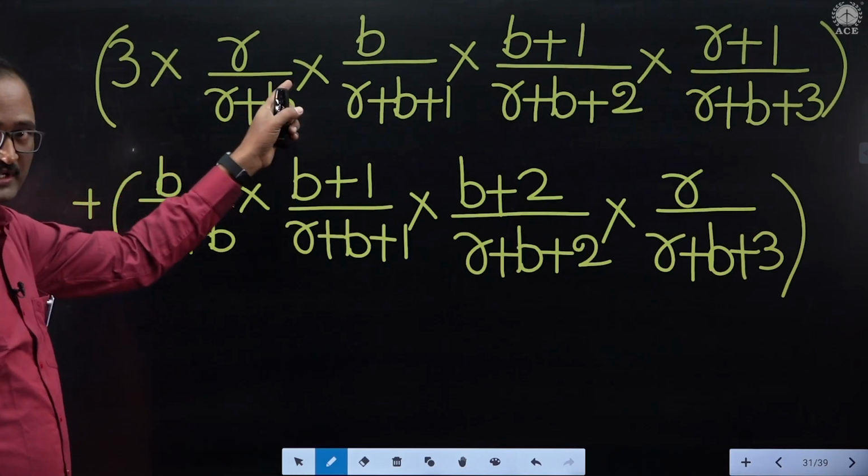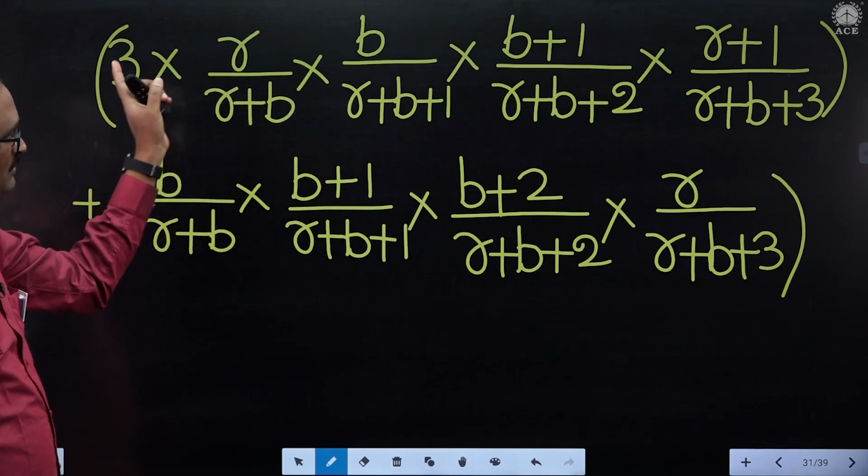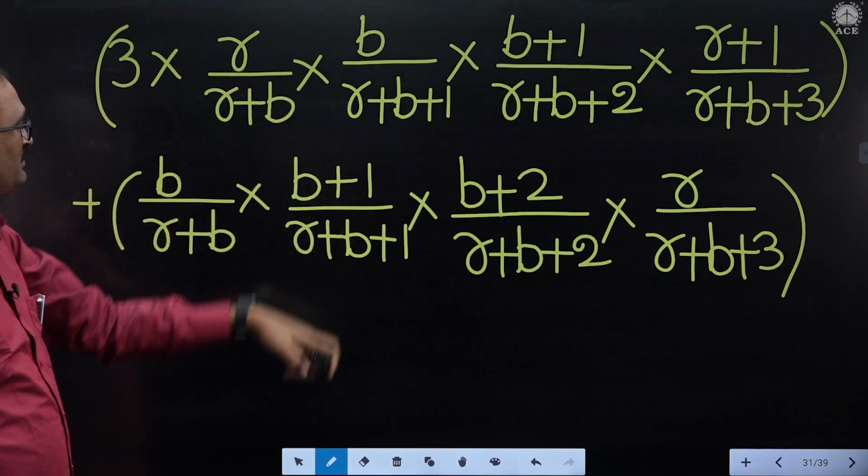Now third bracket, it should also be written as 1 time of this bracket plus 2 times of this bracket.